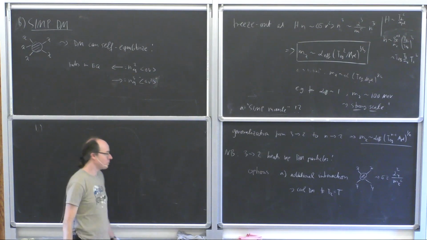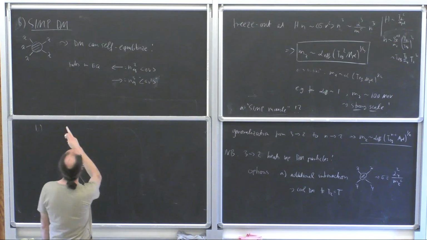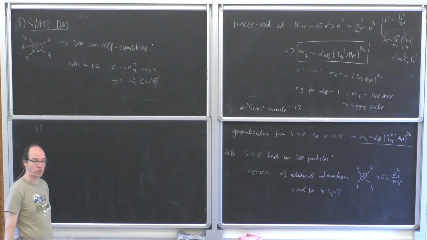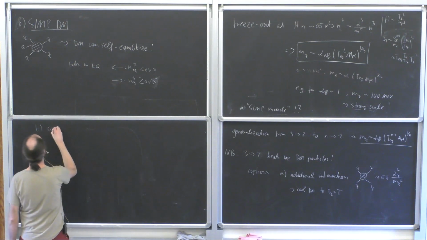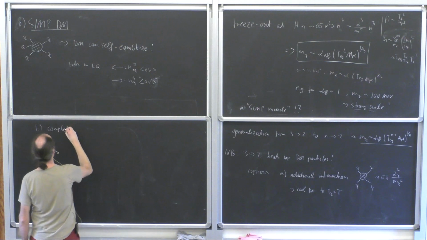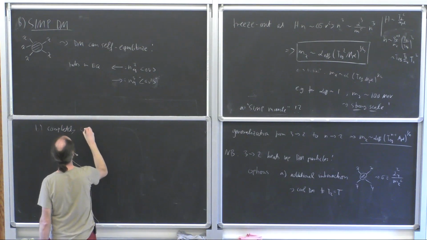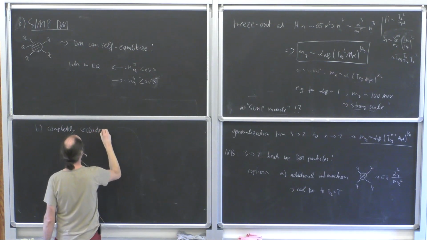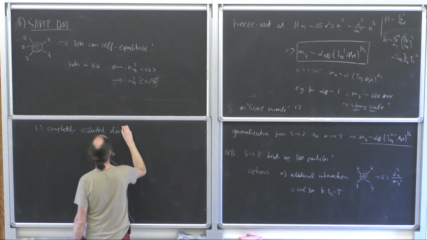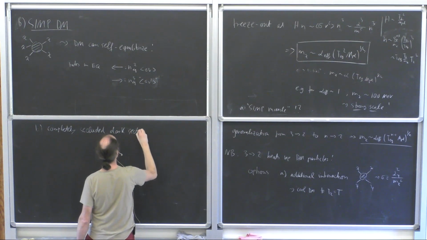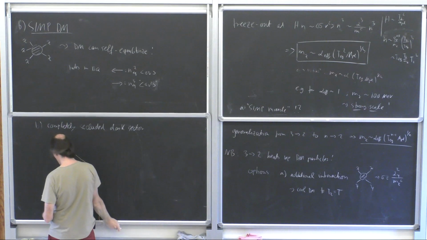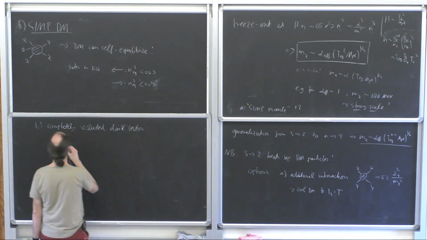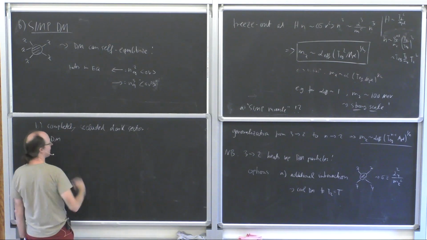So option B is that we insist on this fact that we have a completely secluded dark sector. And this is referred to as cannibal dark matter.